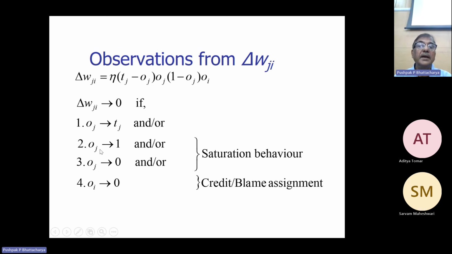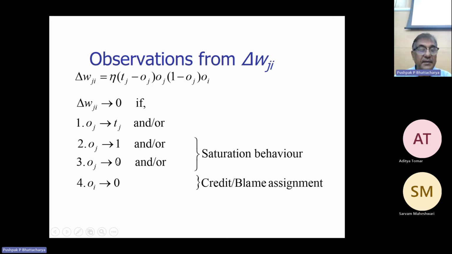If Oj tends to 1 or Oj tends to 0, that is coming from the sigmoid derivative. This happens when the input value for the neuron is extremely large, either extremely large negative or extremely large positive. This behavior is called the saturation behavior.